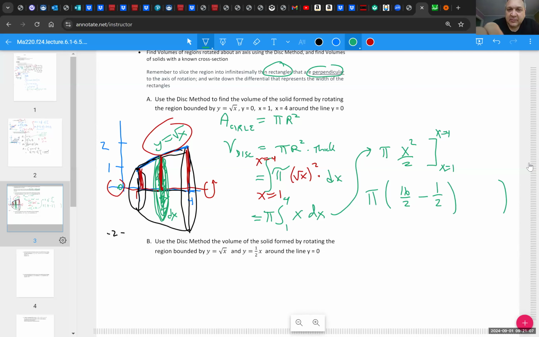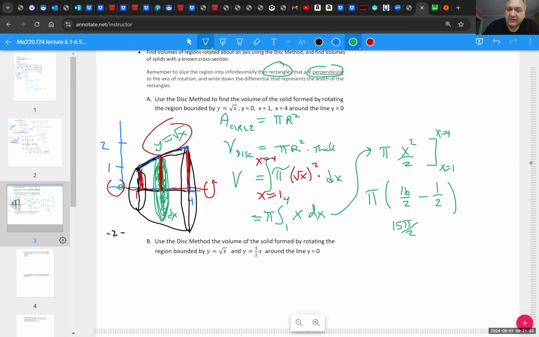So when I plug in the 4 and the 1, I have to subtract. So this is 8 minus half, right? Which is 7.5, or I guess 15 halves. I'll just leave it as an improper fraction because math people like improper fractions better anyway. So 15 pi over 2 would be the volume.